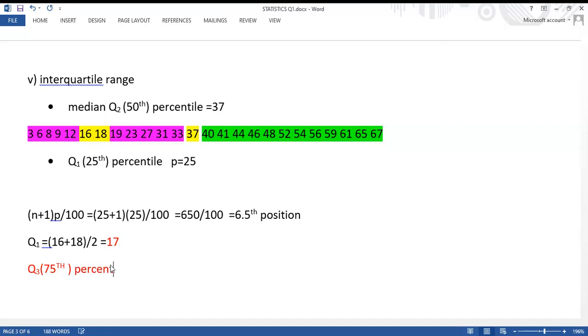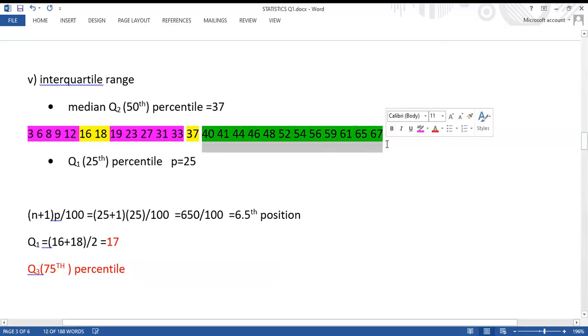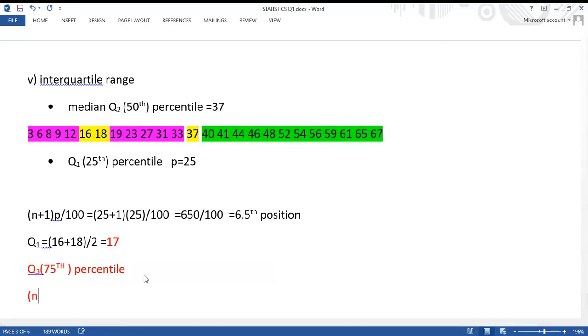Meaning, we are now dealing with the green side of the dot. So n plus 1 times p. In this case p is going to be 75. N is 25, plus 1, times 75 divided by 100. So 26 times 75.